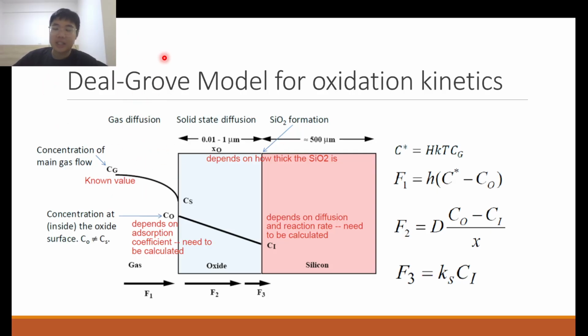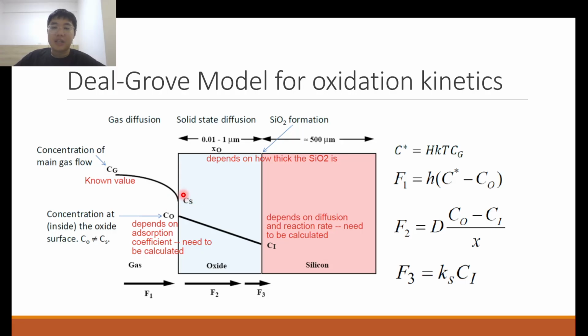So let's say it's either oxygen or steam. We know this concentration, because it's a setting in our machine. We want to infuse our wafers with this concentration in the gaseous phase of the reactor, of the furnace. So this is a known value. Then this gas will diffuse to the silicon dioxide surface and it will form a surface concentration.